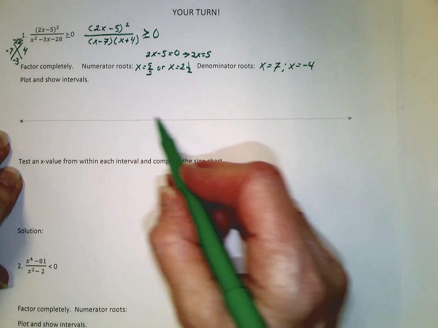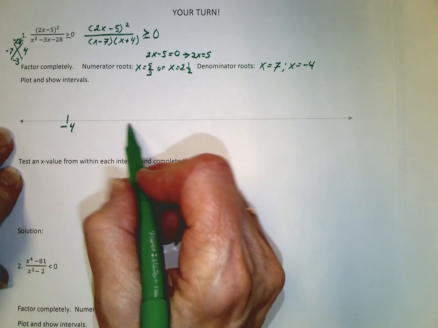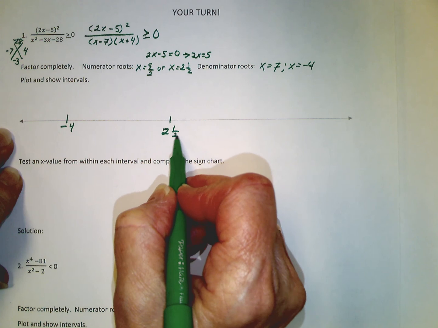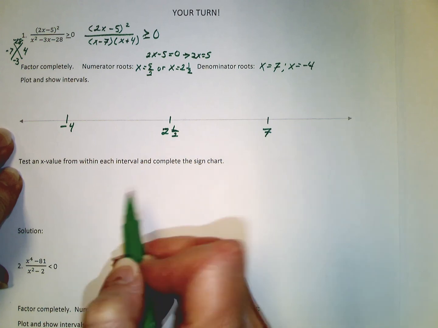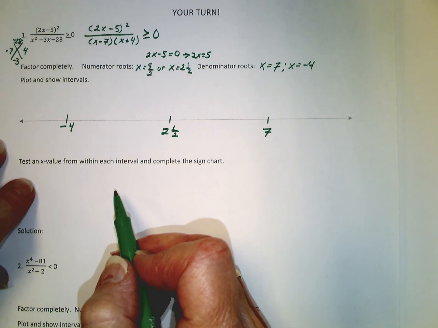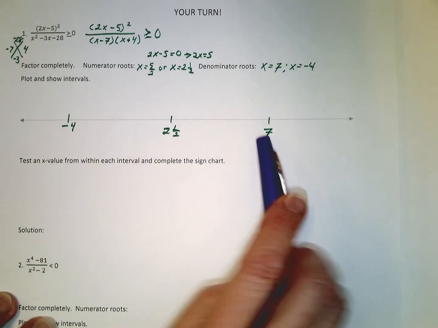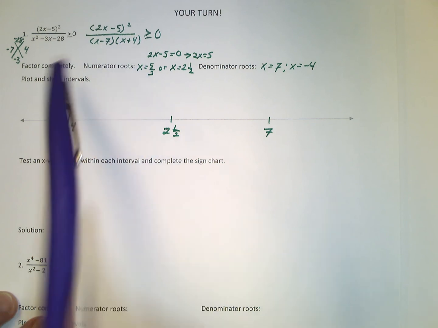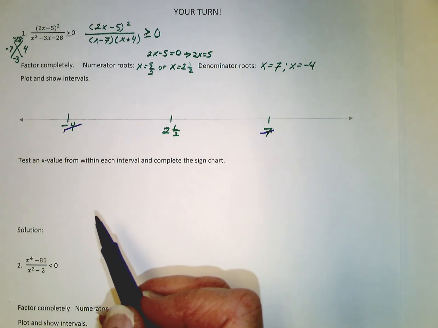So then we just put them on the number line, starting with the lowest one, which would be negative 4, then up to 2 1/2, and finally 7. Because either the negative 4 or the 7 will make the denominator here turn into a 0, and we can't divide by 0, we know we cannot use these in our final answer.